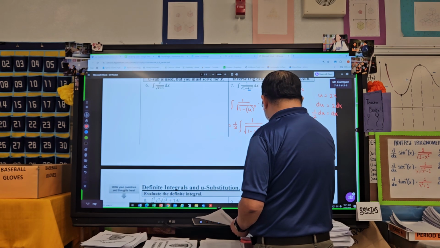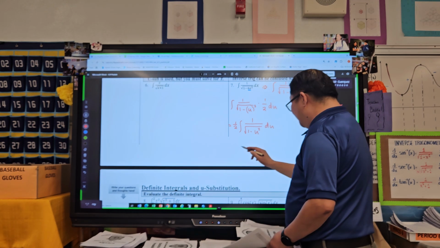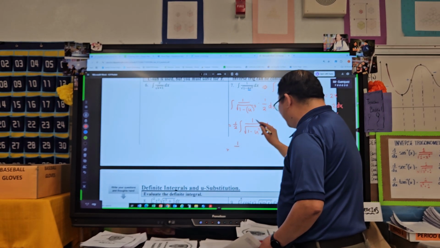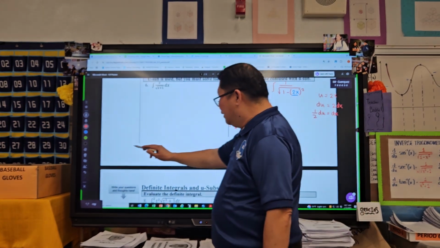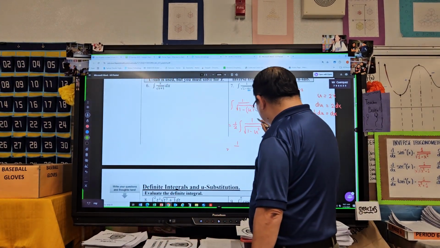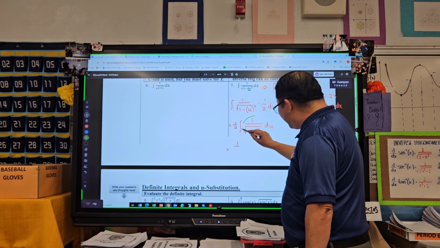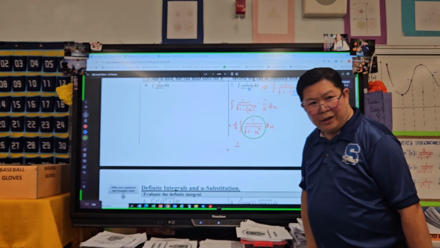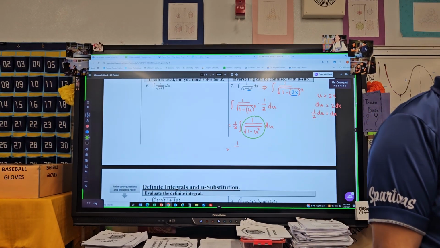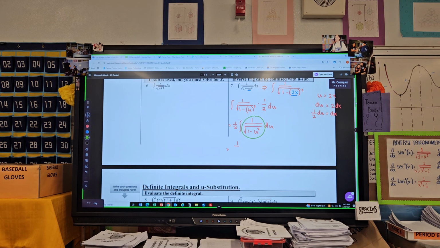So what is this now? What is the antiderivative? The inverse. What is that? 1 over the square root of 1 minus u squared, or x squared. It's going to be sine inverse, right?